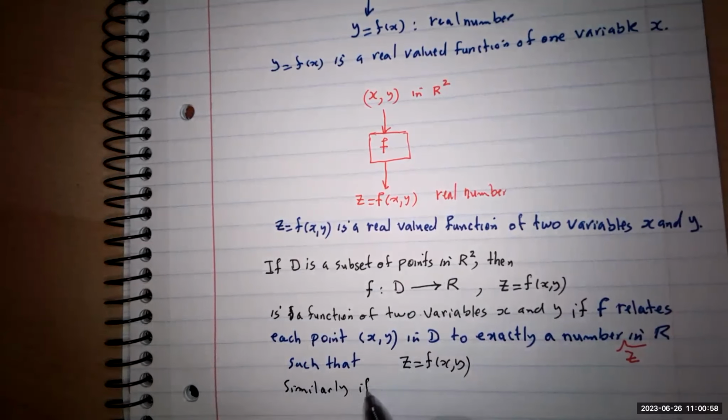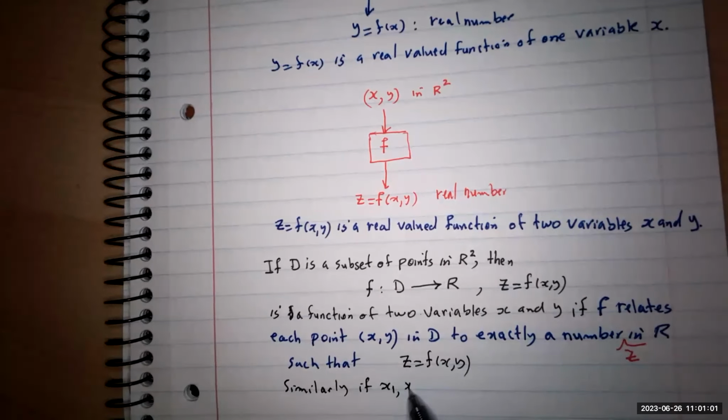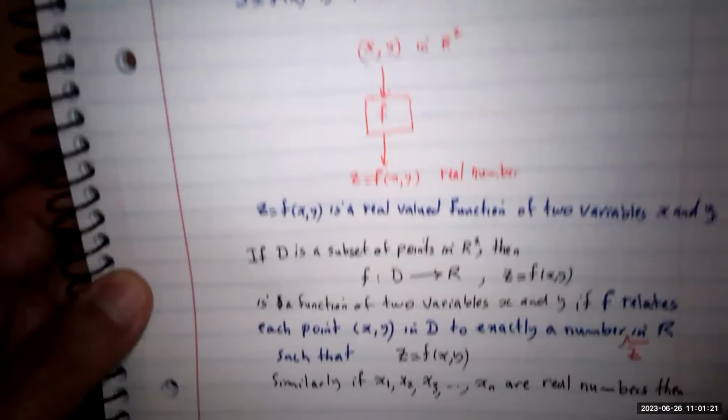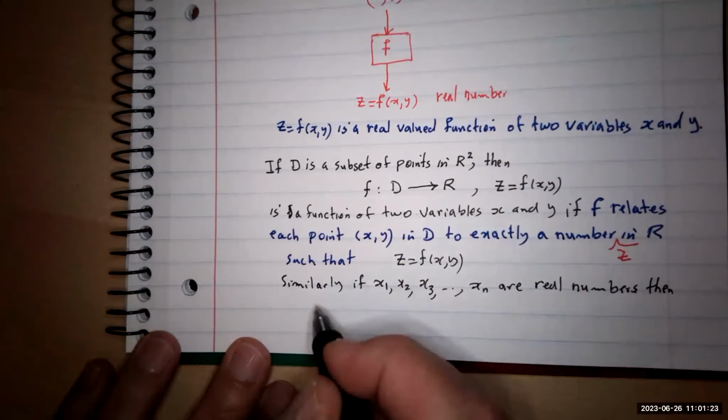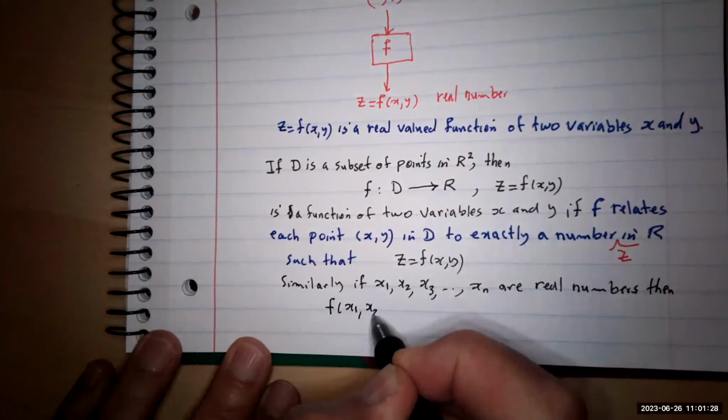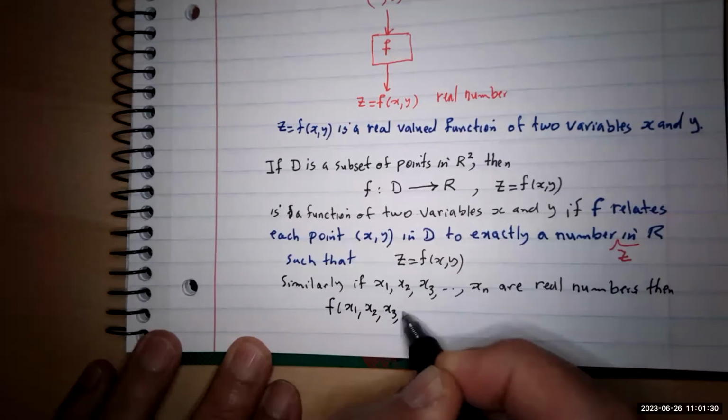Similarly, if x1, x2, x3, up to xn are real numbers, then we can define your function as f of x1, x2, x3, up to xn.